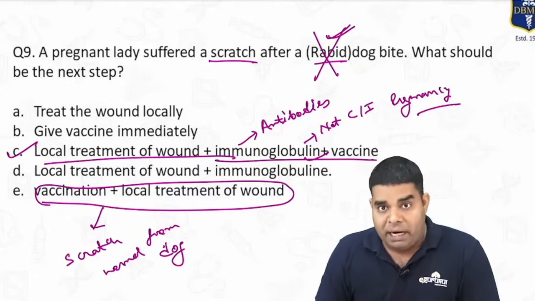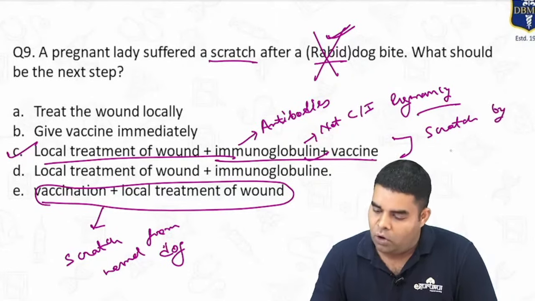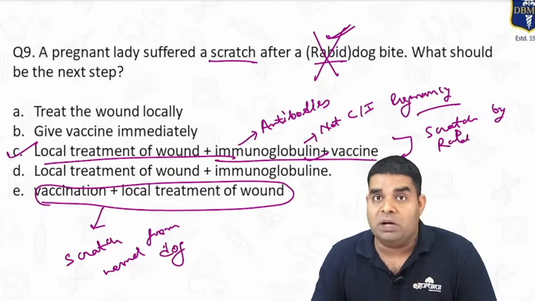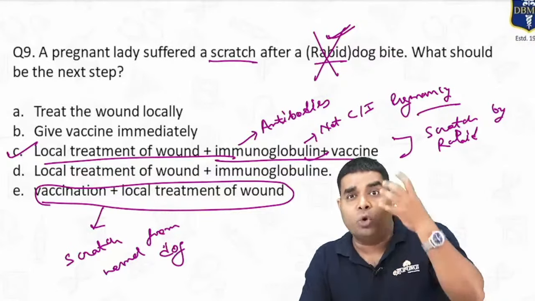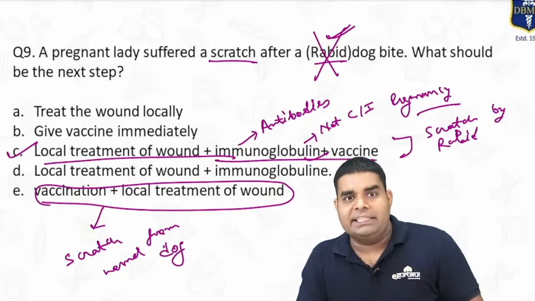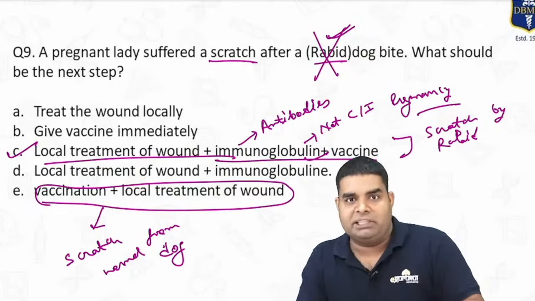But if it is a scratch by a rabid dog, or suppose they use the words scratch by a bat, or scratch on a mucosal surface, in all these cases we take it as category 3 and we give immunoglobulin plus vaccine.